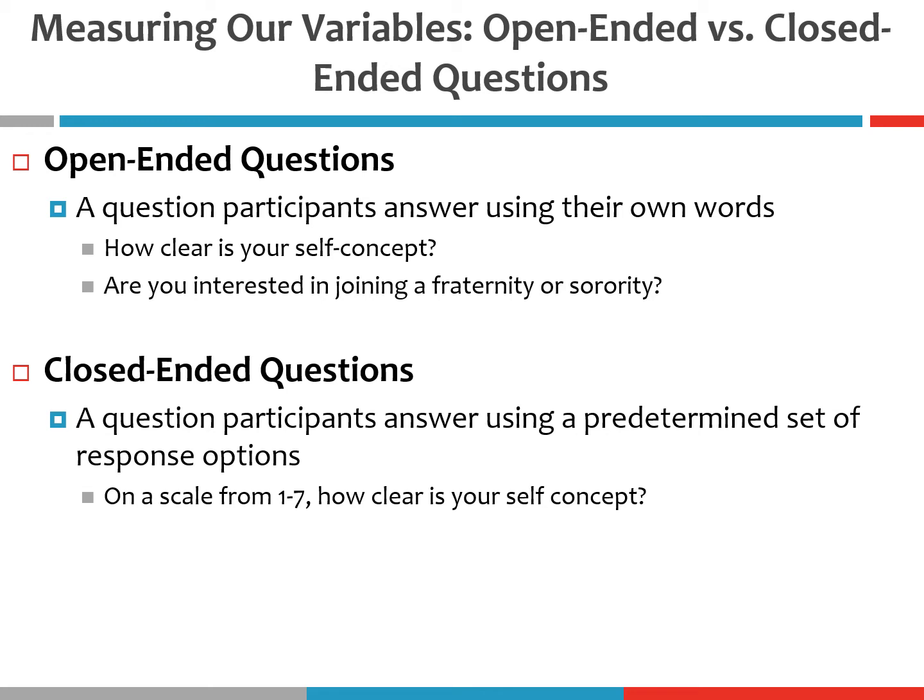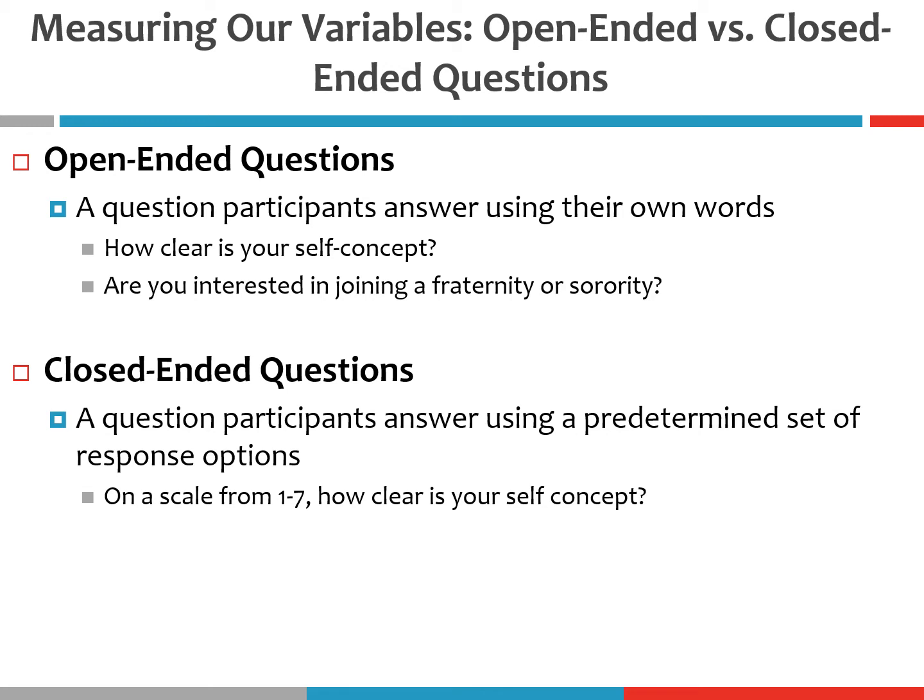Okay, so before we start looking at potential questions for our survey, we need to think about the potential types of questions we might ask, right? So one option is we could ask what are called open-ended questions.